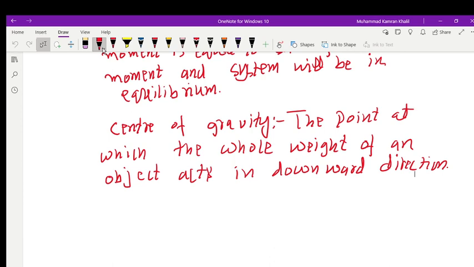Okay, then what is meant by extension? Extension, first we will write down the extension.